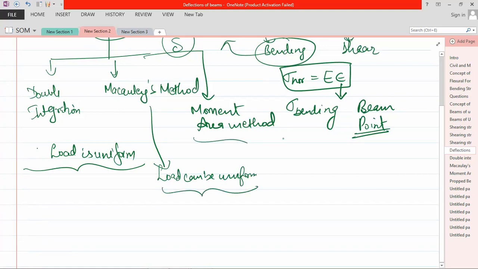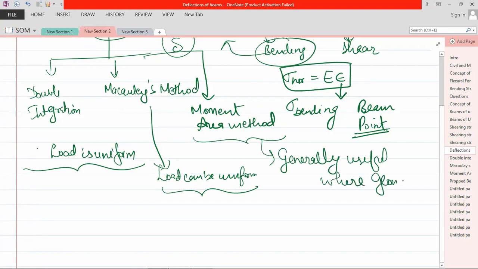And the moment area method is generally useful where the geometry of the body or beam is not uniform.